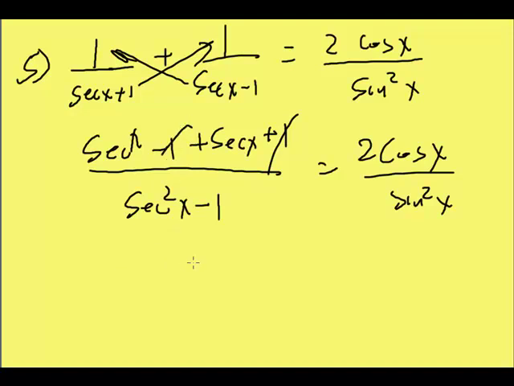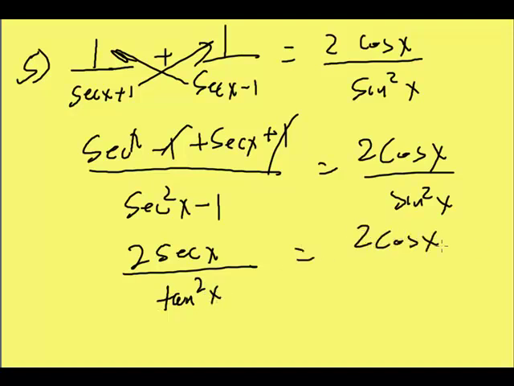I get secant x plus secant x, which is 2 secant x. Secant squared minus 1 is a trig identity. What is that? Tangent squared x, equal to 2 cosine x over sine squared x. Secant of x is really another name for what?